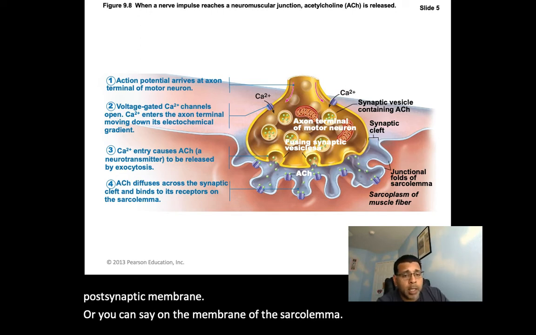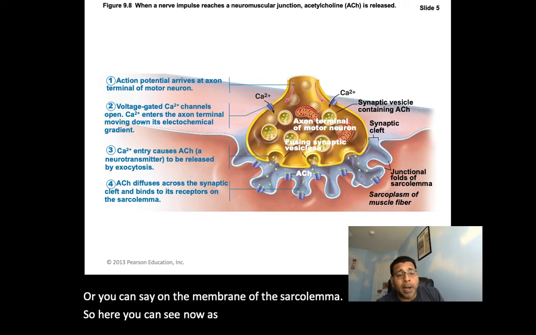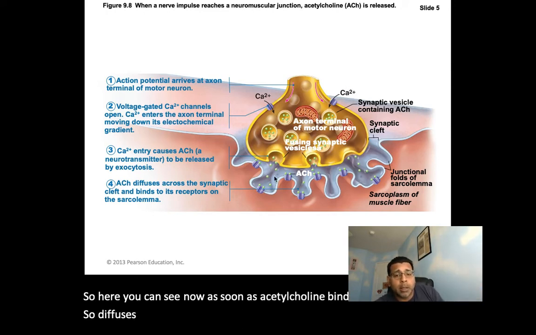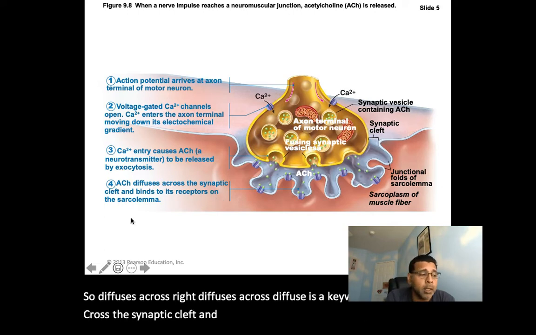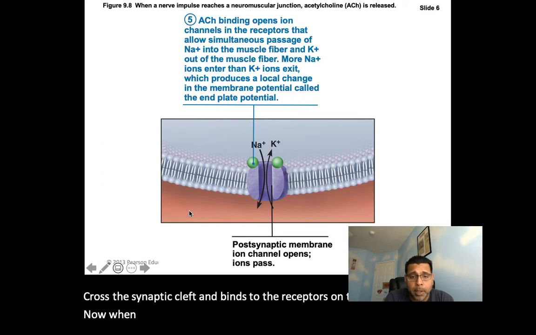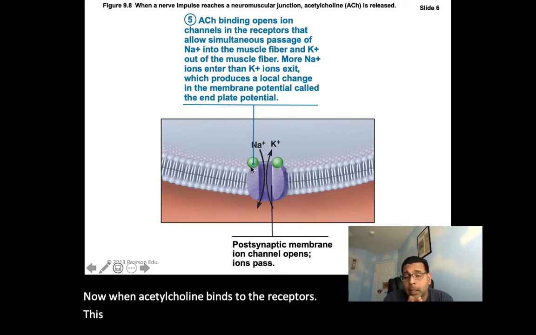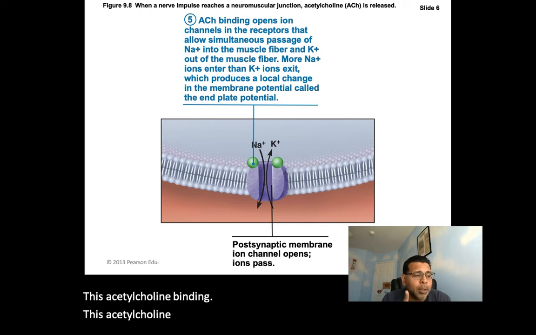So here you can see now, as soon as acetylcholine binds, so it diffuses across, right? Diffuses across. Diffuse is a key word. Across that synaptic cleft and binds to the receptors on the sarcolemma. Now, when acetylcholine binds to the receptors, this acetylcholine binding triggers electrical events.